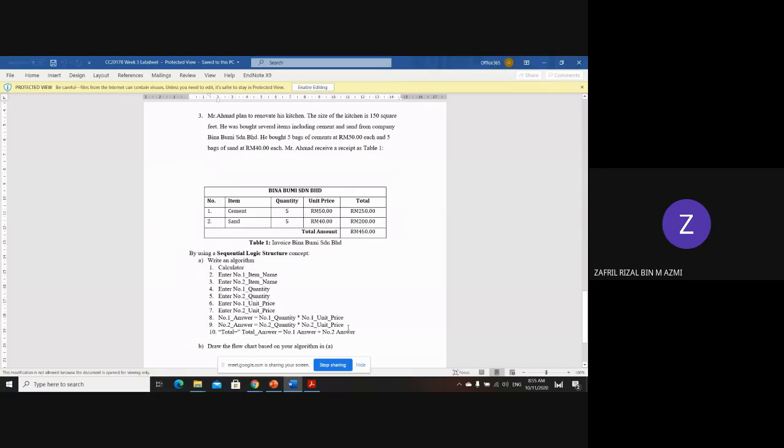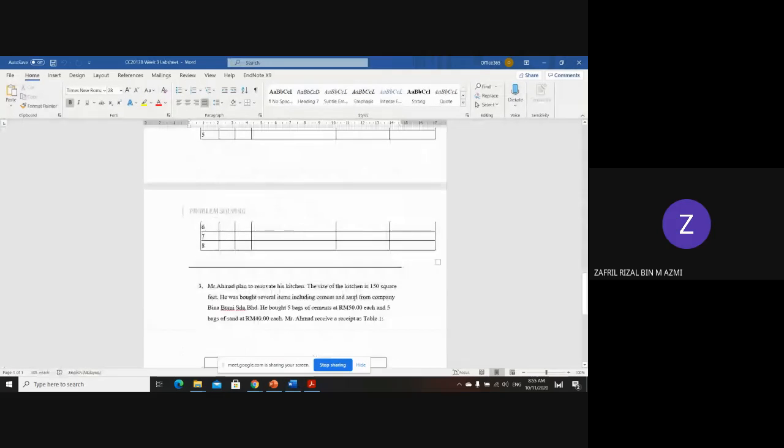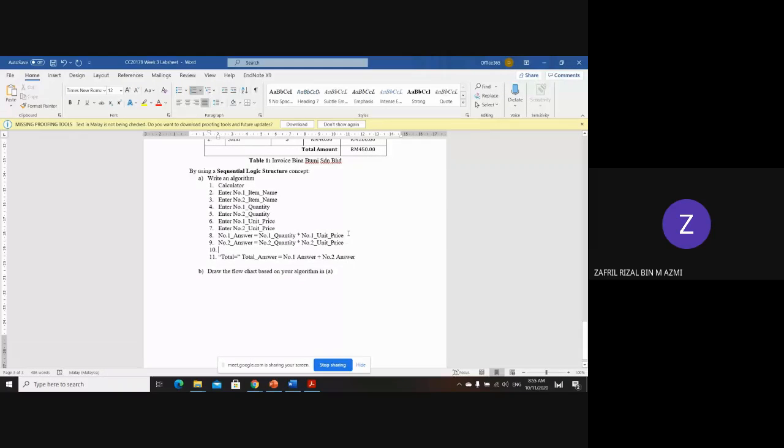But your friend is missing one more calculation, which is the calculation for total, the total amount to be precise. So what's the equation for total amount, referring to your friend? Number 1 underscore answer plus number 2 underscore answer.